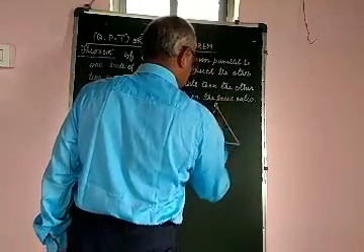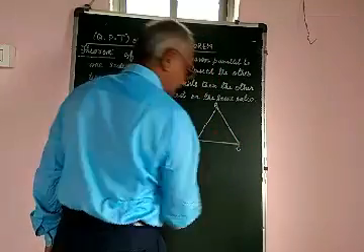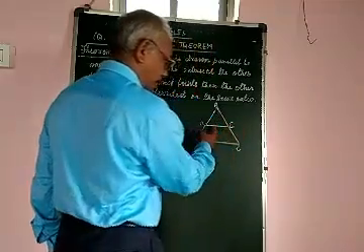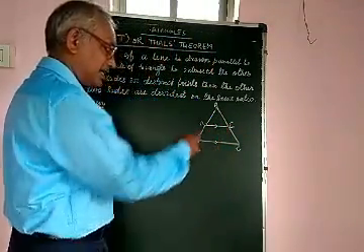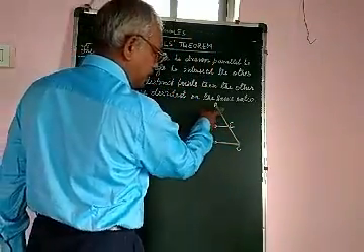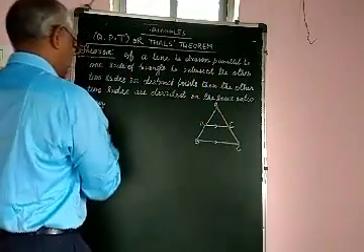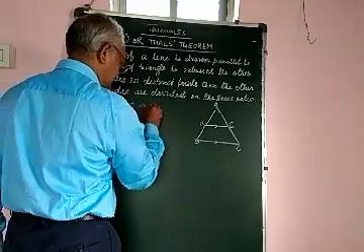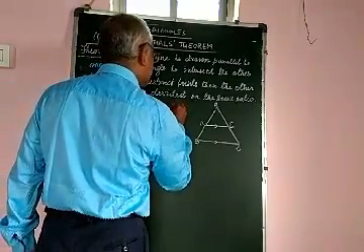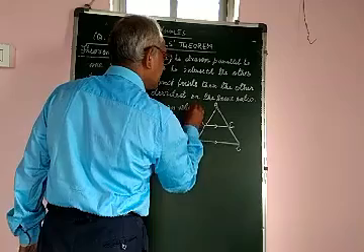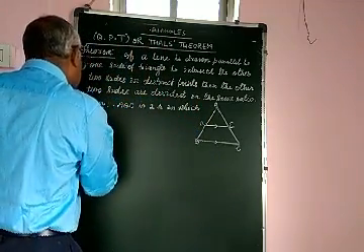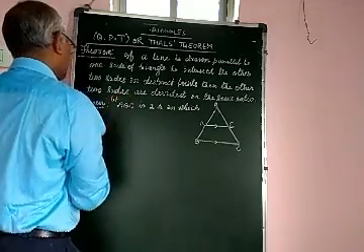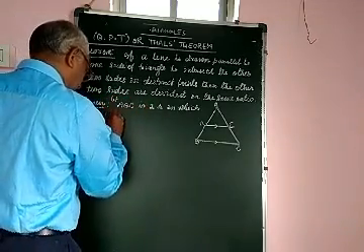ABC is a triangle in which a line DE is parallel to BC, intersecting AB at point D and AC at point E. So write this: ABC is a triangle, and DE is parallel to BC.